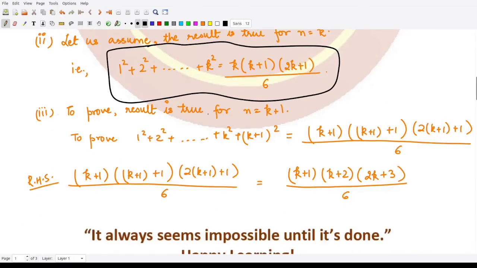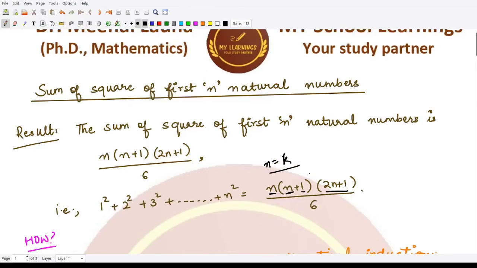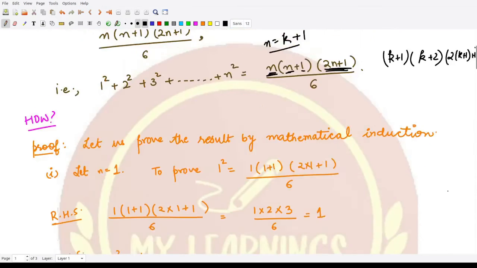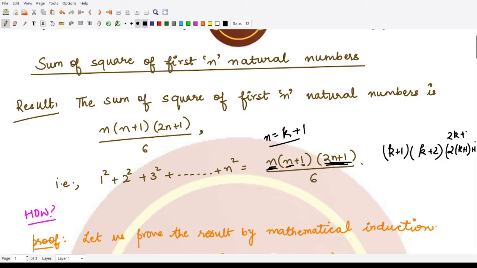In the third part, we are required to prove the result for n is equal to k plus 1. For n is equal to k plus 1, the result is 1 square plus 2 square plus 3 square up to (k plus 1) whole square. Now instead of n we take k plus 1, so n becomes k plus 1, n plus 1 becomes k plus 2, and 2n plus 1 becomes 2(k plus 1) plus 1, which is 2k plus 3, all divided by 6.